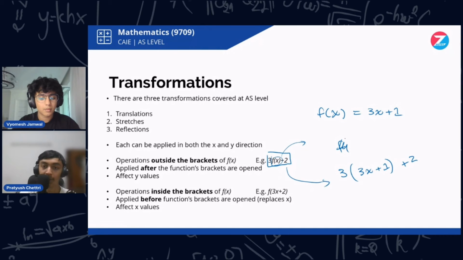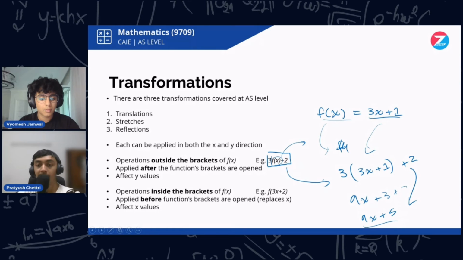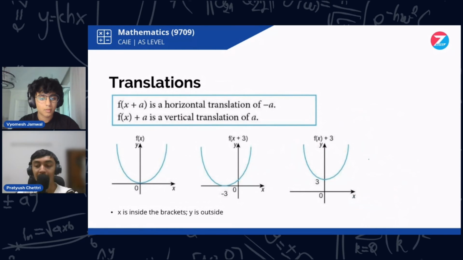This is what this becomes. And you simplify that out to get 9x plus 3 plus 2, which is 9x plus 5. So this is f of x after the transformations, and it becomes a new curve or line in this sense. That wasn't very clear, but we'll look at them one by one.